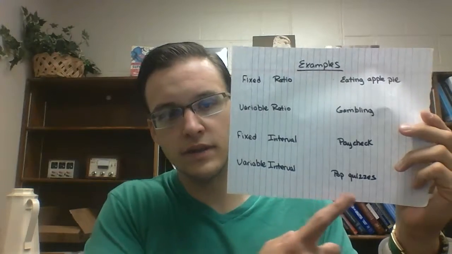A variable interval schedule might be something like a pop quiz. The behavior being reinforced with a pop quiz is paying attention in class and studying. But you never know when a pop quiz is going to occur. So the length of the interval could be a week, it could be a month, it could be whatever. The interval is varied.